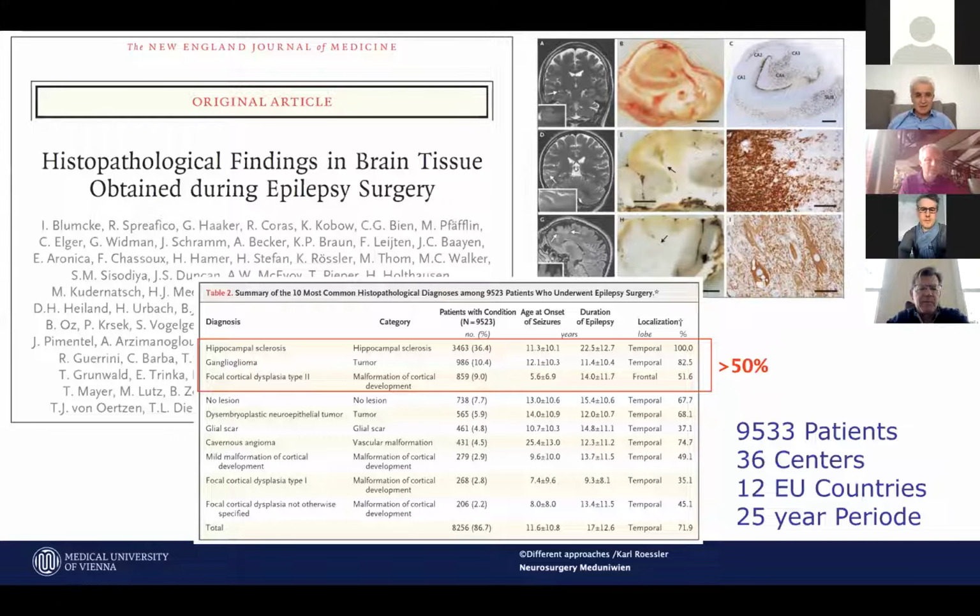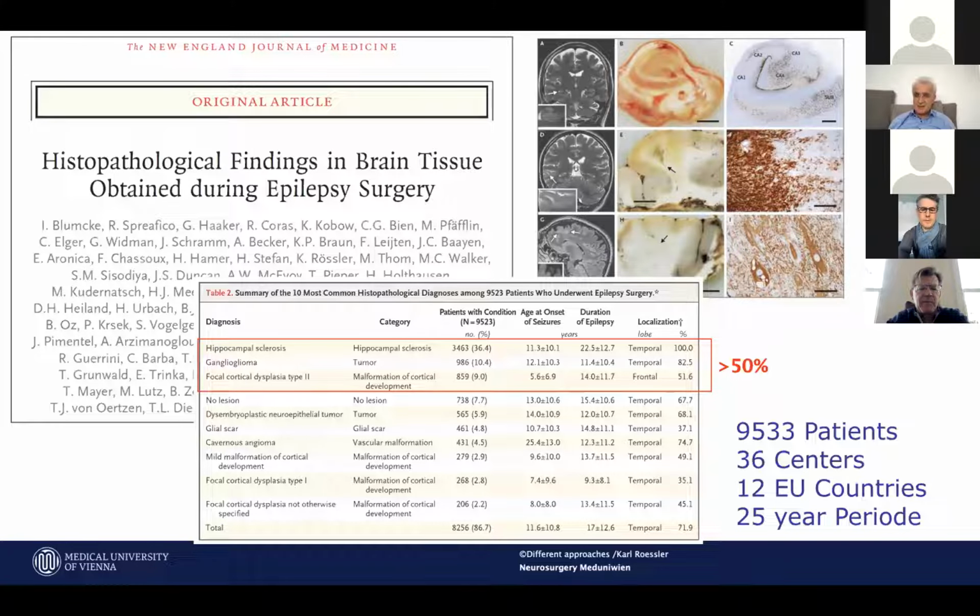approaches depending on pathology, I remembered this paper from Ingmar. The special thing about this paper is that it is a summary of nearly 10,000 patients of surgical specimens, and what you see in this collection is that more than 50% of all specimens have only 3 diagnoses.